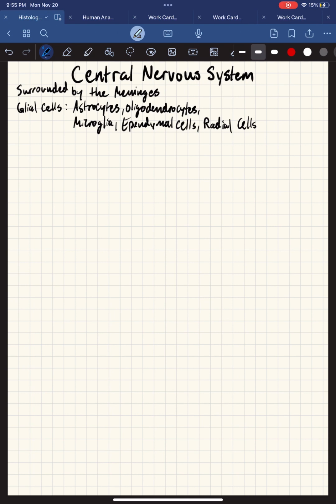Now, the central nervous system is actually split up into several parts. So we've got the cerebellar portion, the cerebellar cortex, and then we have also got the cerebral cortex. And remember, cerebellar and cerebral are different. They're very easy to mix up, so don't do that.